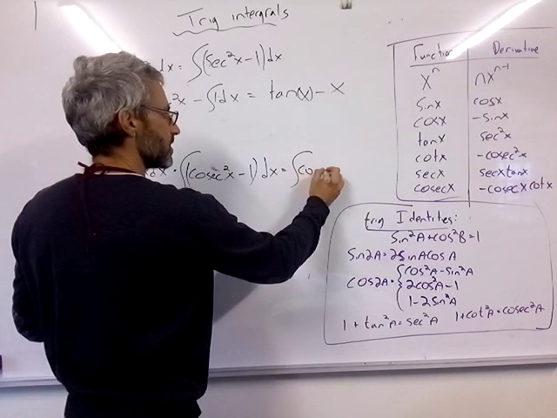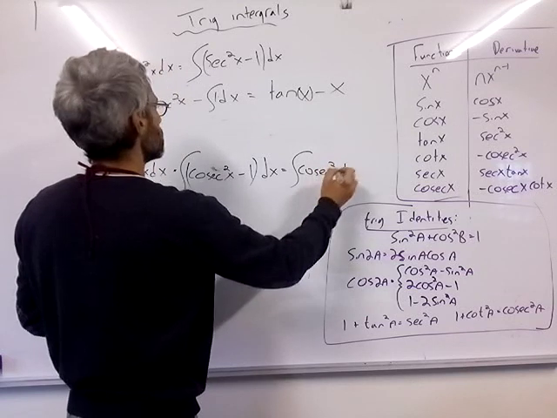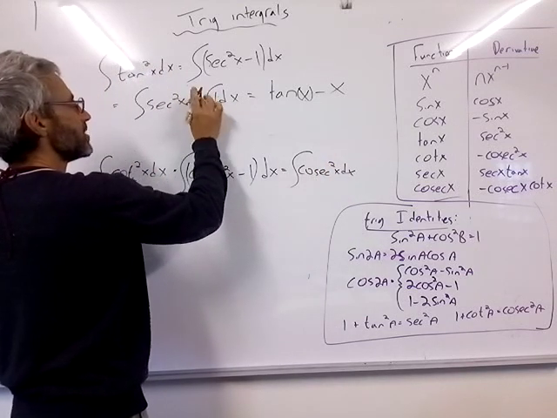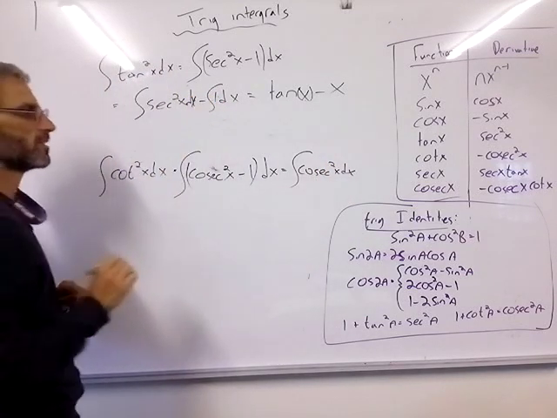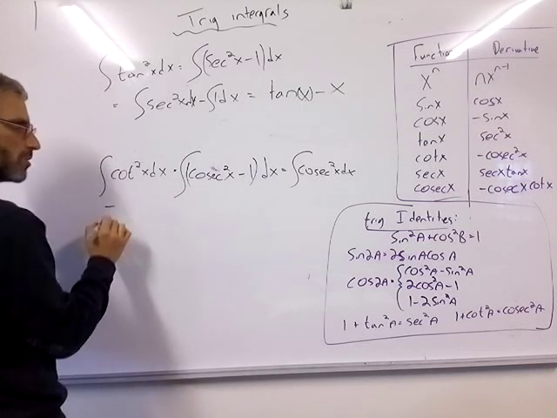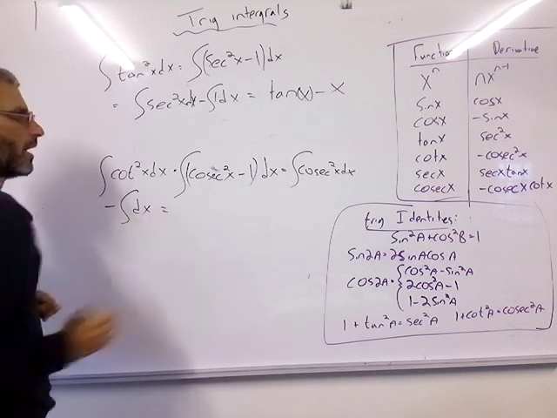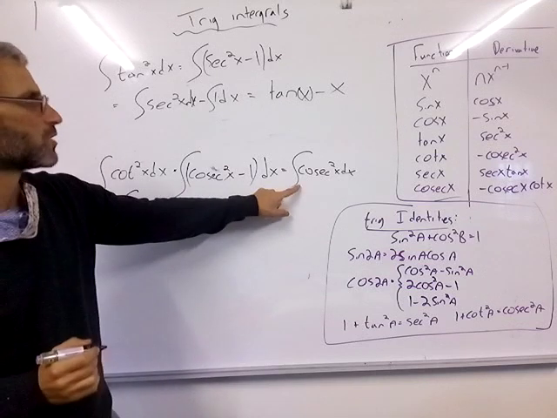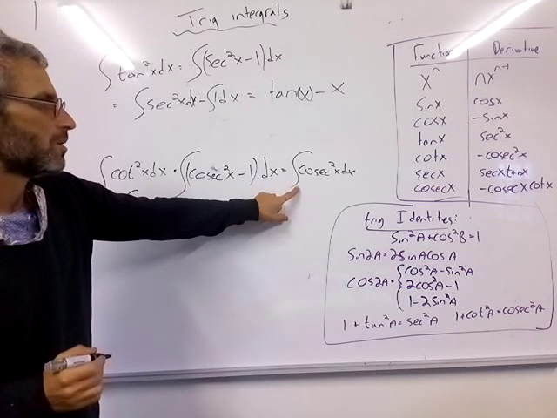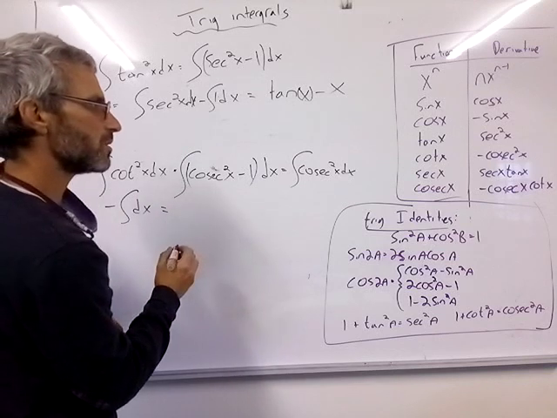So the integral of cosec squared x dx, I should put the dx there. Be careful always to write that dx there, okay, some teachers can be very particular, and that is important. Minus the integral of dx. And then what is the integral of cosec squared?